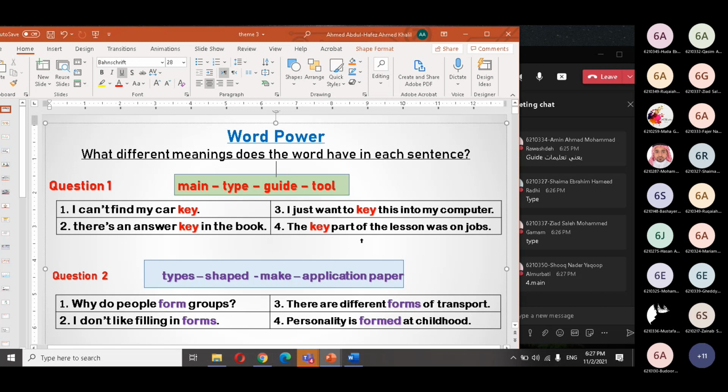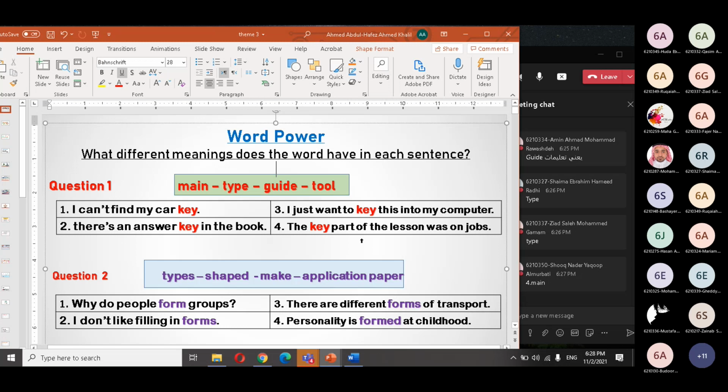يعني لو انت بتتكلم مع واحد في عدة قضايا، ممكن تيجي تقول له the key issue. The key issue means the key point, يعني the main point. So in each of the four sentences, the word key has a different meaning. What is the idea here? If you want to understand a sentence in English, don't try to understand the meaning of the sentence word by word.